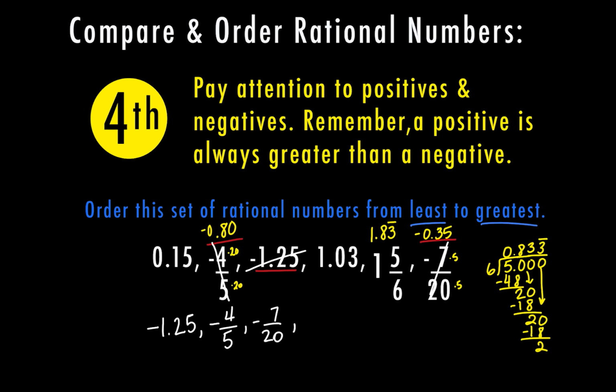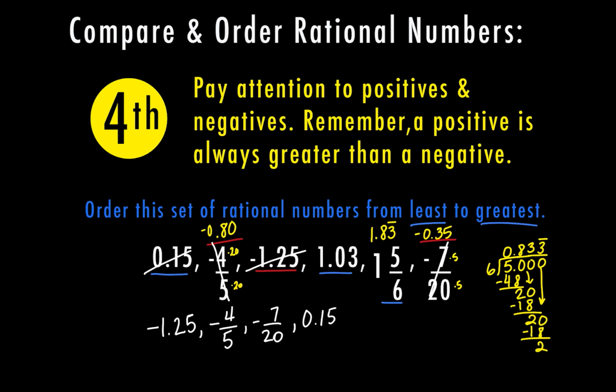Now I'm going to finish with my positive numbers. My positives are 15 hundredths, 1 and 3 hundredths, 1 and 5/6. Well, I know that the one that is less than 1 is going to be smaller, so I have 15 hundredths.